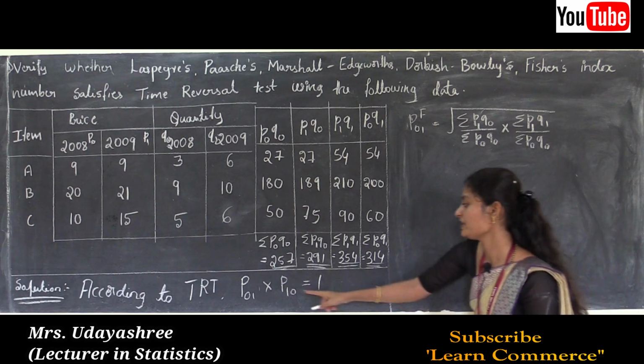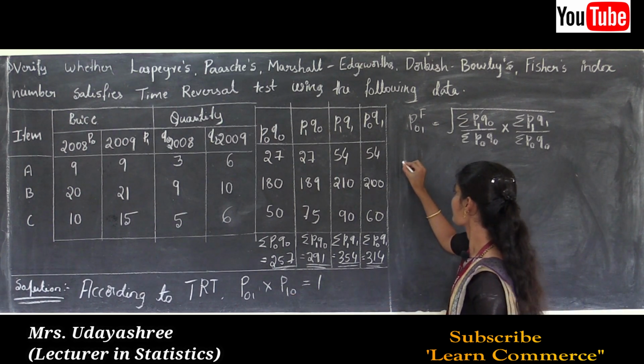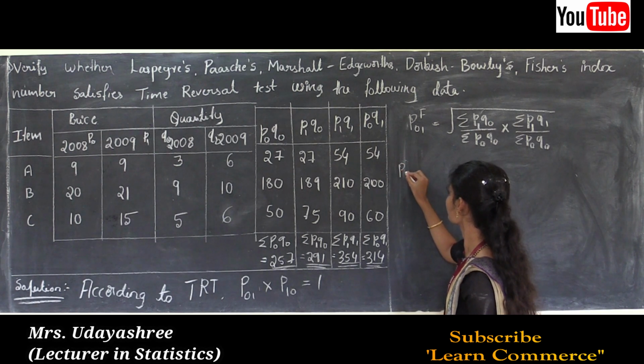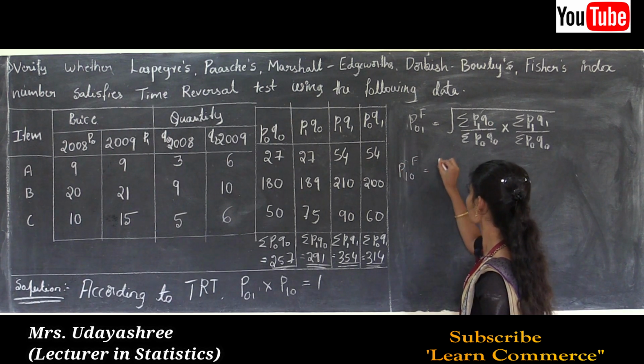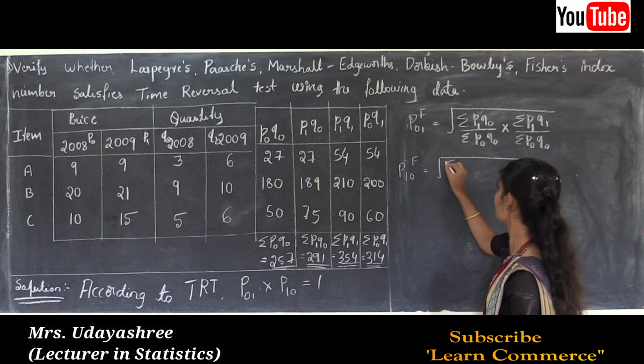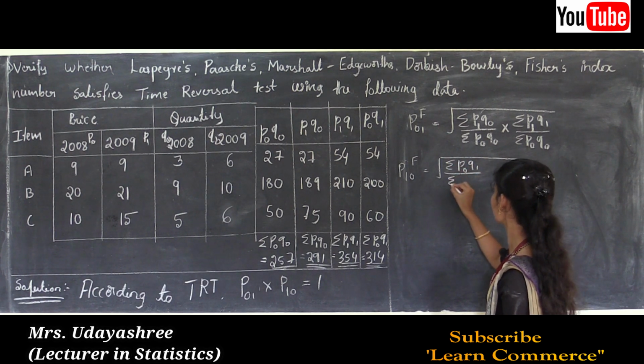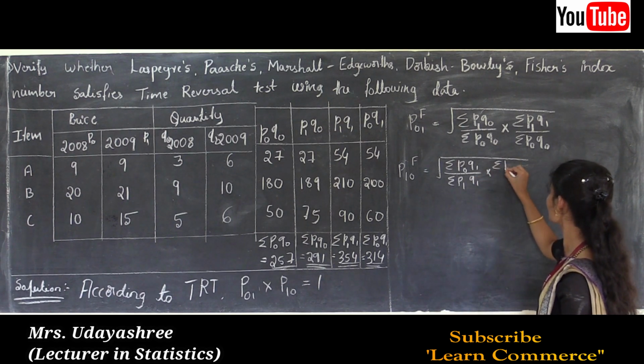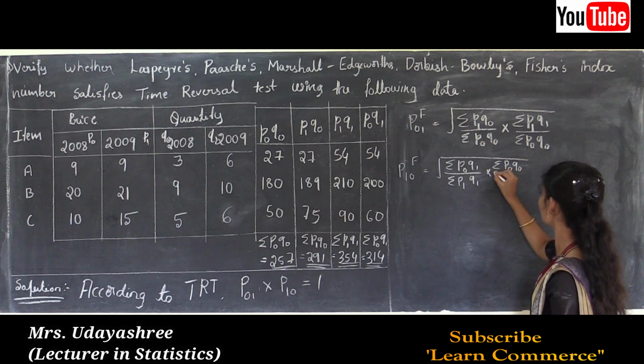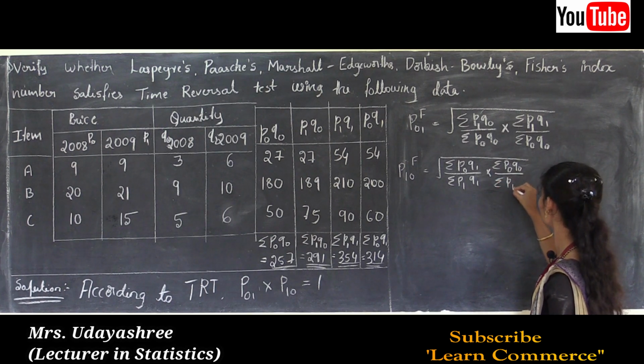The next, P10, is the square root of summation P0 Q1 divided by summation P1 Q1 into summation P0 Q0 divided by summation P1 Q0.